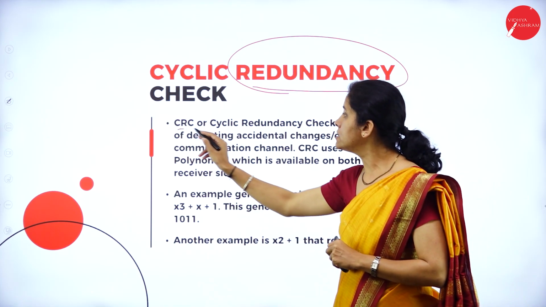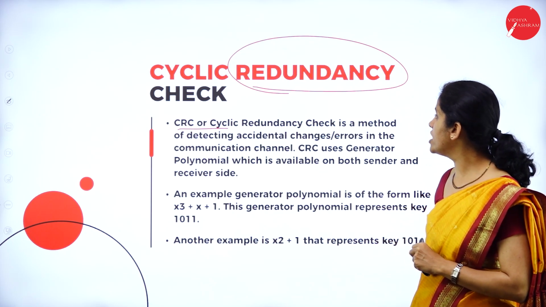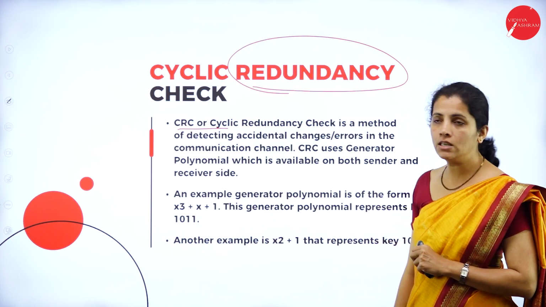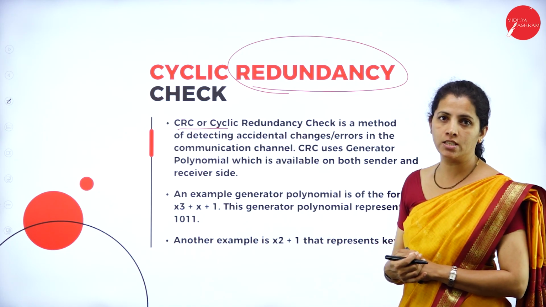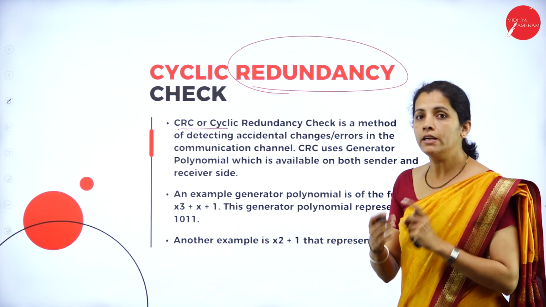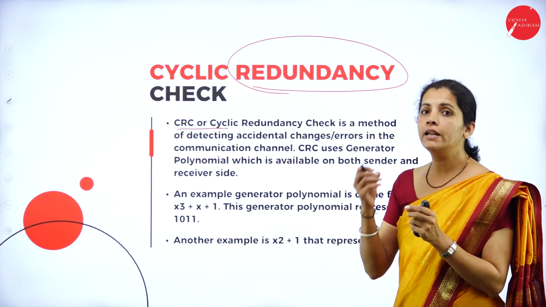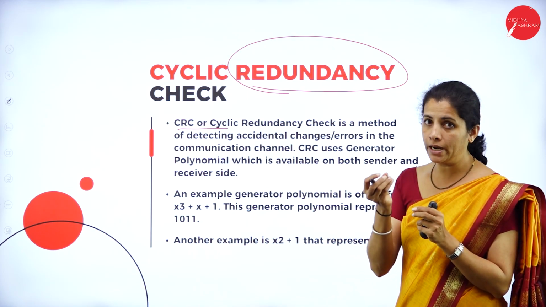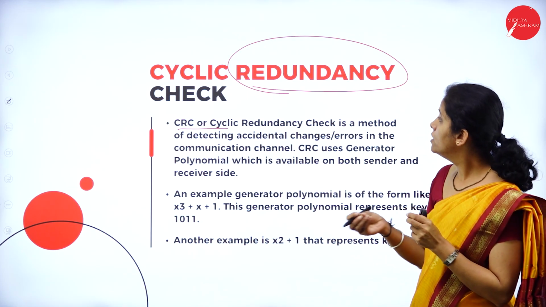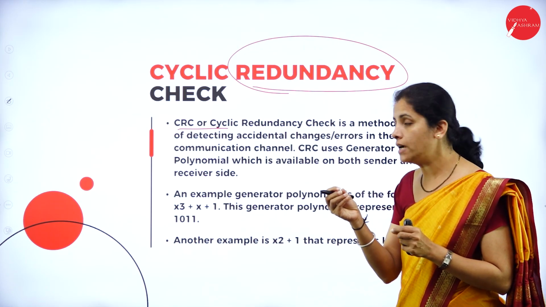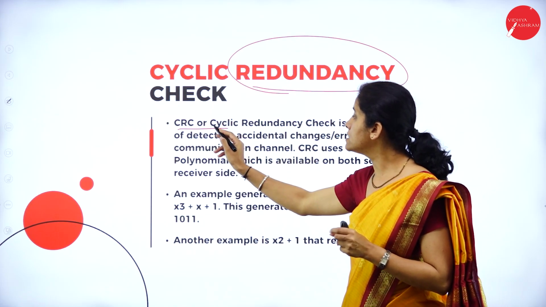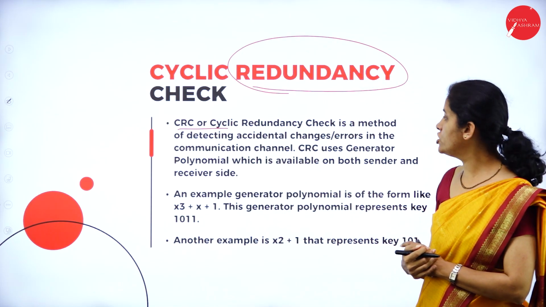So here cyclic redundancy check is a method used to detect accidental changes. During the data transmission, the data bit may get corrupted accidentally. Now, to detect which bit is corrupted, we are going to have the cyclic redundancy check.